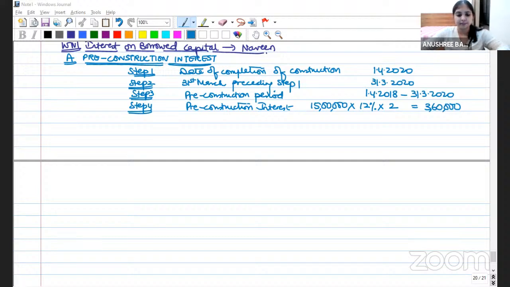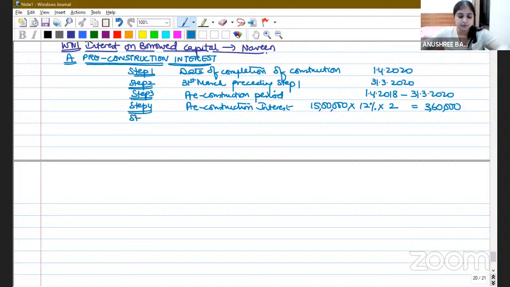All right. After this, step 5. We all know pre-construction interest will be allowed as a deduction across how many years? Across 5 years. So divided by 5 years, nothing but 3,60,000 divided by 5.